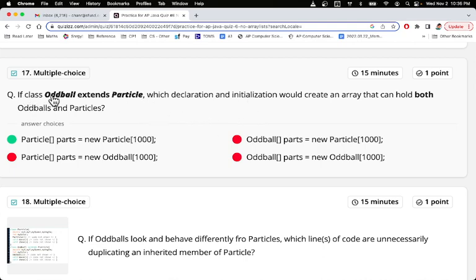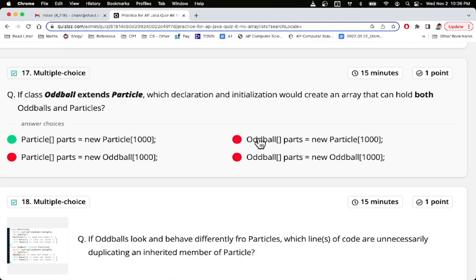Given that oddball extends particle, which declaration and initialization would create an array that can hold both oddballs and particles? This is the correct answer. Particles on the left, particles on the right. These other ones, let's see, particles storing oddballs, yes, that's fine. This one's not true, right?